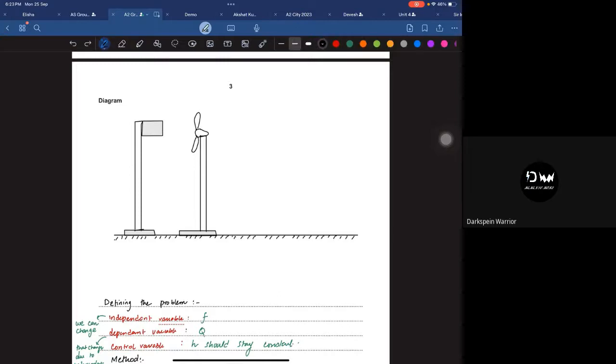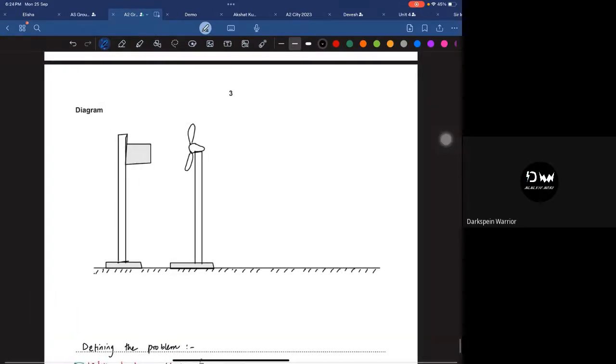The only mistake I made just now is that the turbine should be at a height directly perpendicular to where we're going to send the air. So this would be my wind turbine. This is going to be my air blower. Is it clear, everyone?